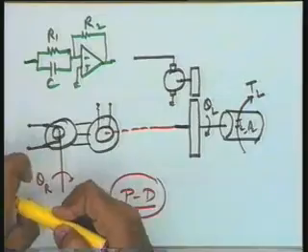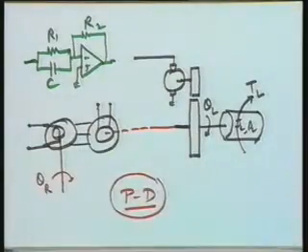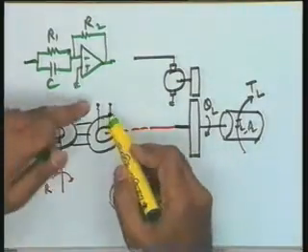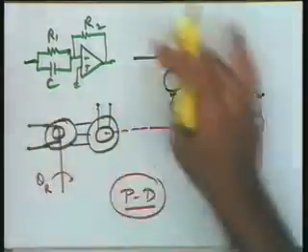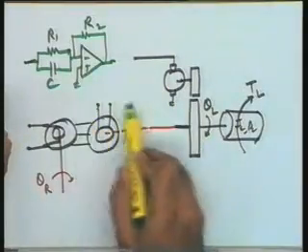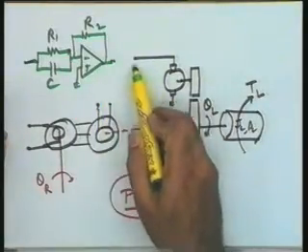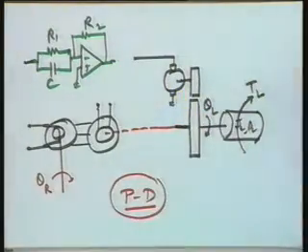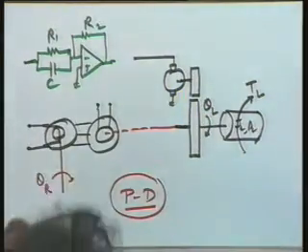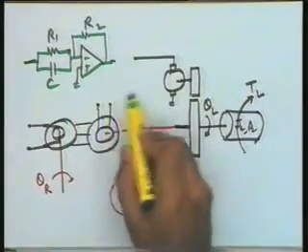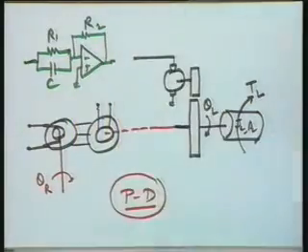If you rather did not use a PD circuit over here, an AC amplifier could have been taken, and after the AC amplifier a rectification could have given you a DC signal. If derivative action was not required, an AC amplifier followed by a rectifier was a suitable configuration.